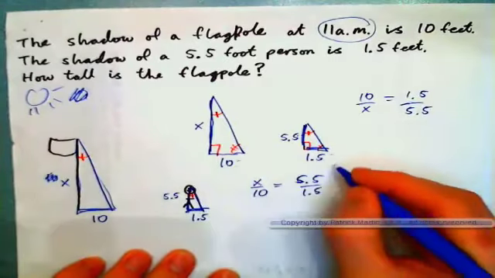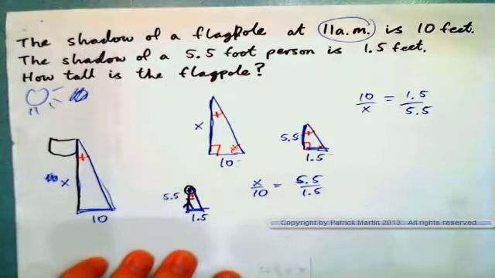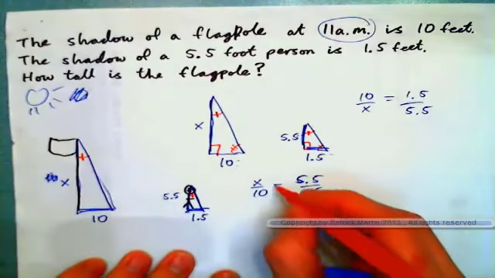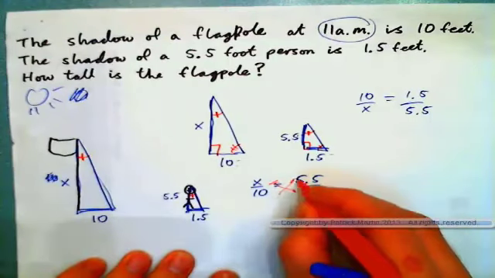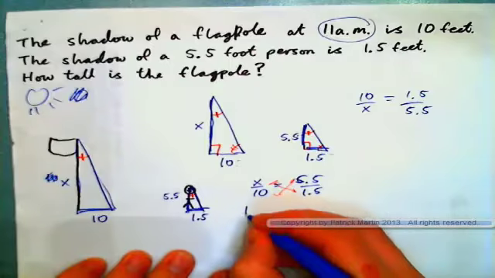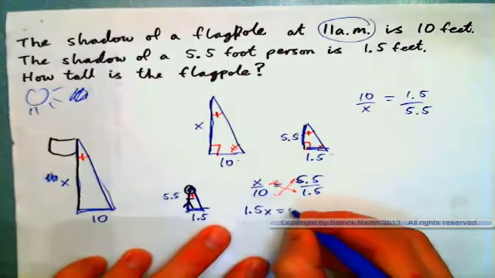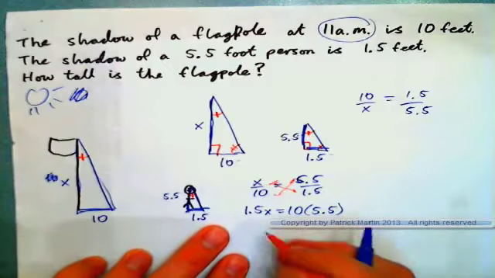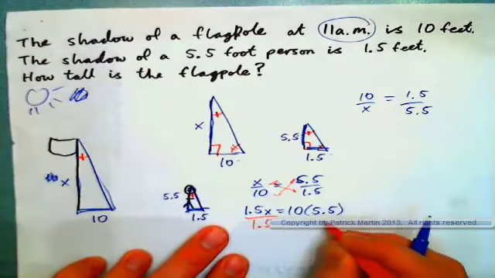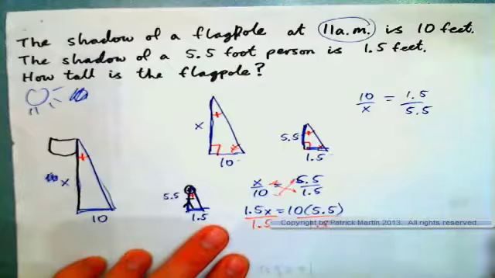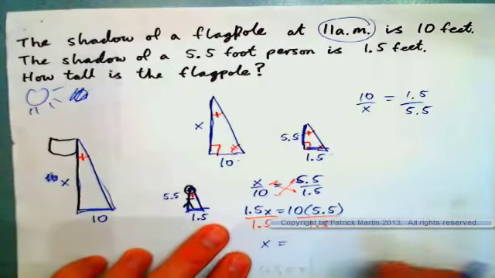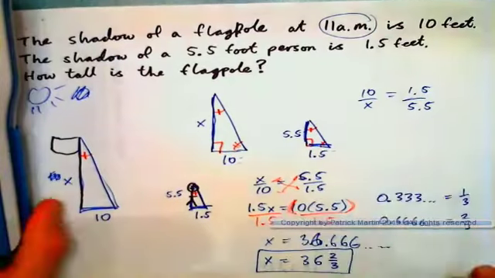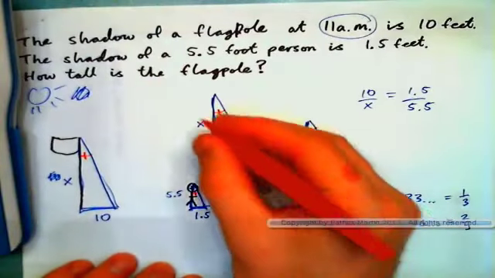Either way, you should get the right answer, because when you cross multiply, you get 1.5x equals 10 times 5.5. Then just divide both sides by 1.5 and we'll get x by itself. So x equals the height of the flagpole.